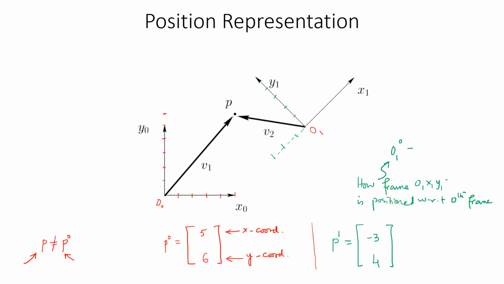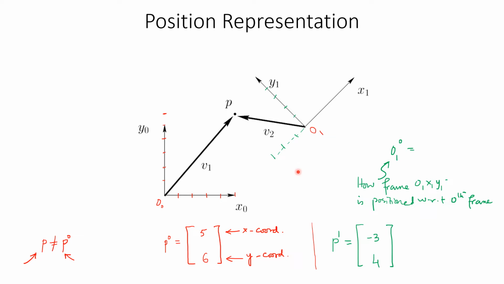Now, in that particular scenario, you can see that O1 is placed over here and frame 0 originates over here. So I can see how I'm going to correlate the two.